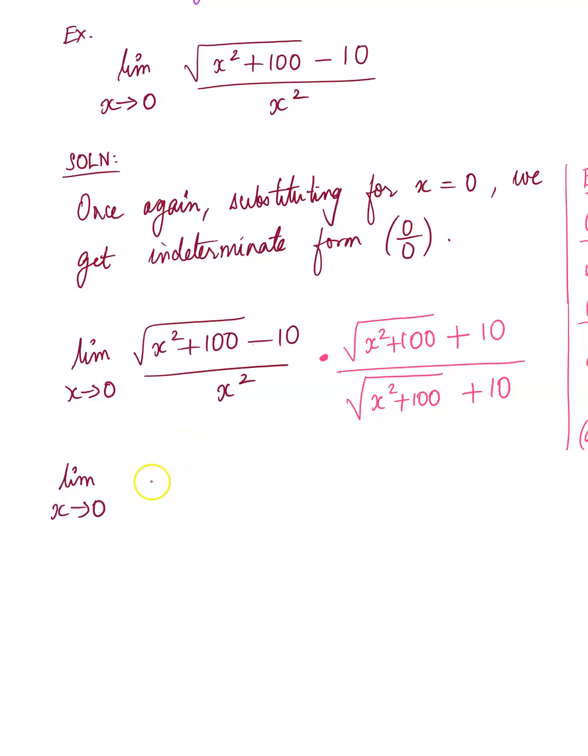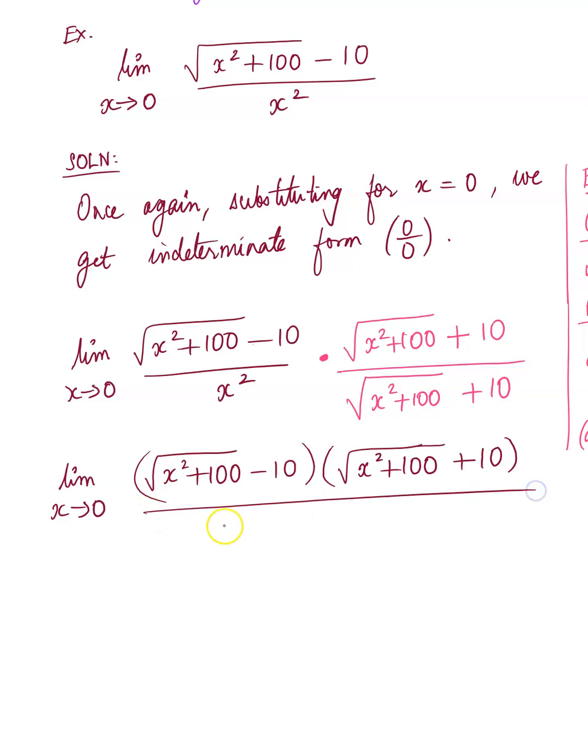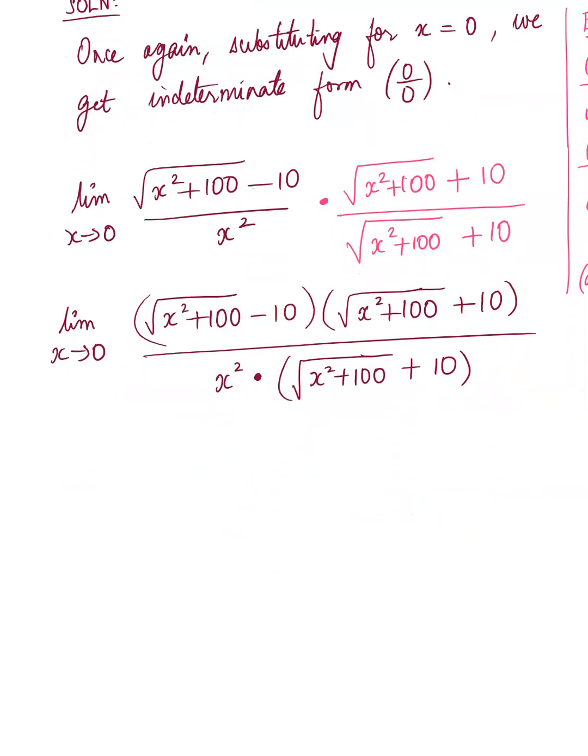So we basically have to FOIL them. Let me show it in detail here. Now you know that in the numerator, because of the conjugate setup, you don't have to literally FOIL it.